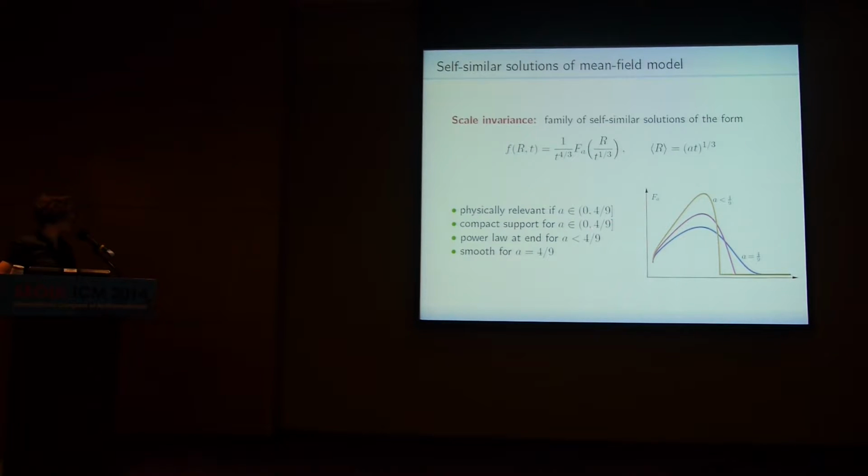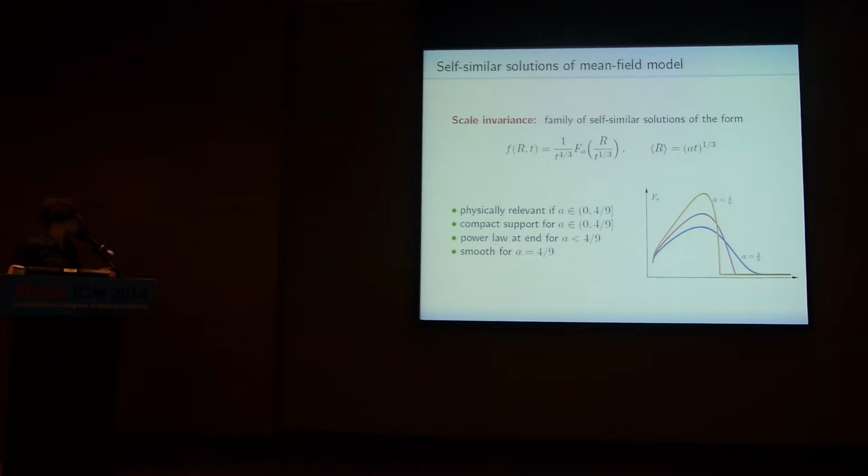For each A smaller than 4/9, there is a corresponding power law at the end of the support, like linear, quadratic, or any power between 0 and infinity. The one for A equal 4/9 has the largest support, and the corresponding profile is smooth at the end of the support. It goes like some exponential into zero.